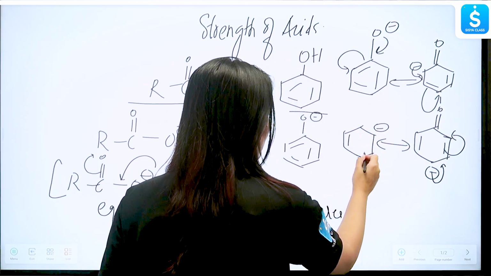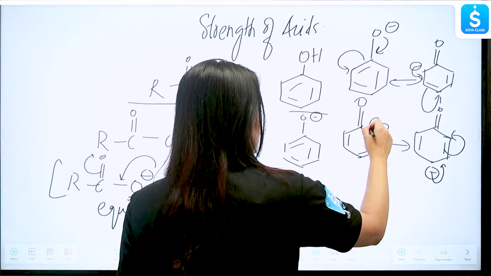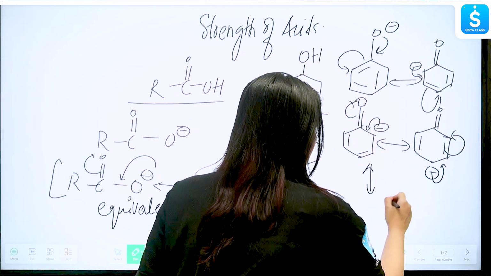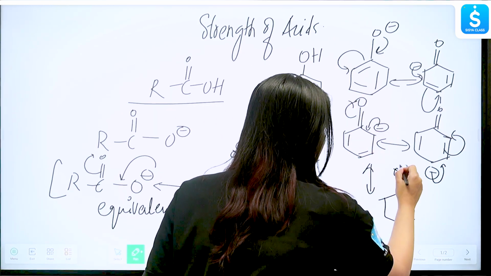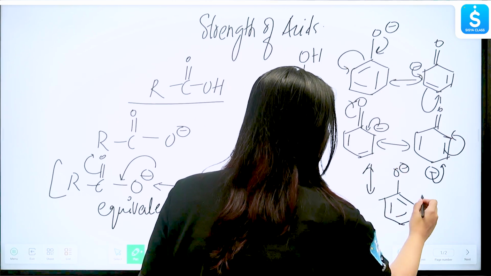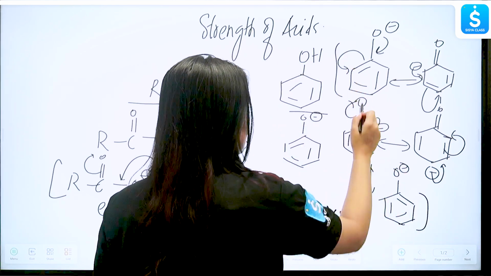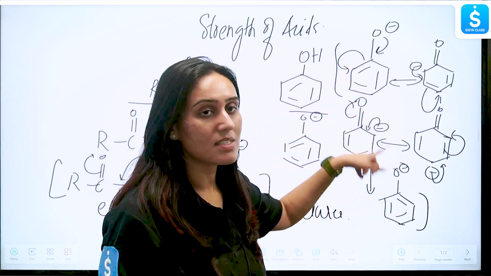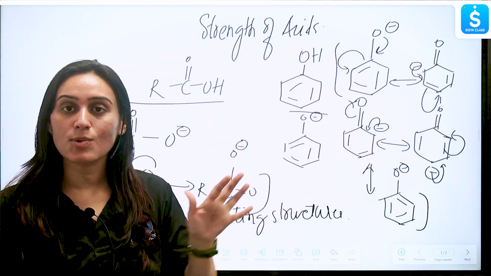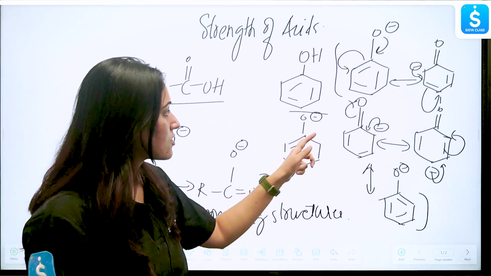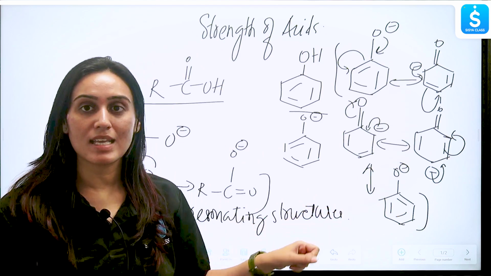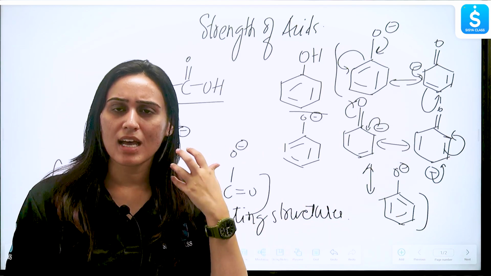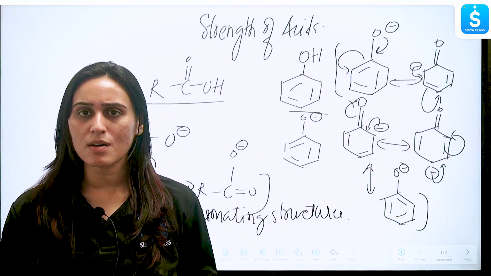And finally, you will come back to the phenoxide ion once again, but see the orientation of double bonds. These two structures are not the same. These two are resonating structures. So as you can see in this scenario, there are 5 resonating structures which are possible.